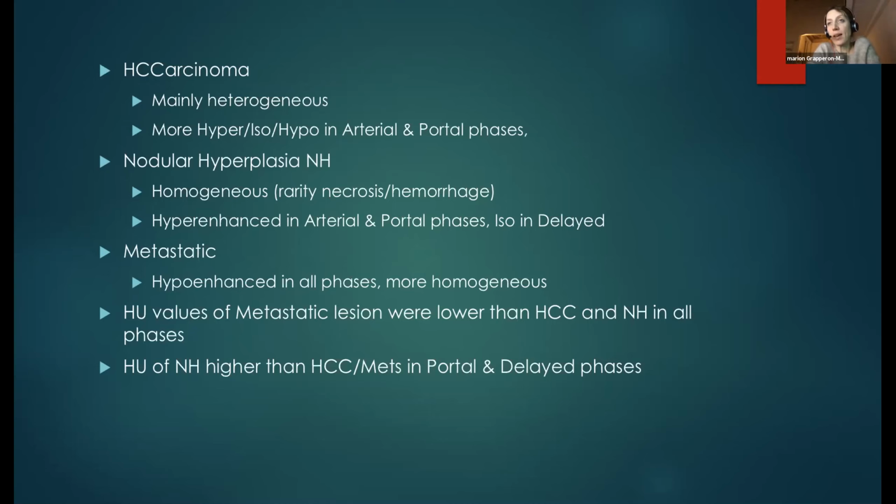We know why, and I will repeat it several times: when they're aggressive, a tumor has necrosis and hemorrhage, so they're much more heterogeneous, and they show various hyper, iso, hypo enhancement in arterial and portal phases, but they have a tendency, as we'll see later, to be more hypo attenuating in a delayed phase.